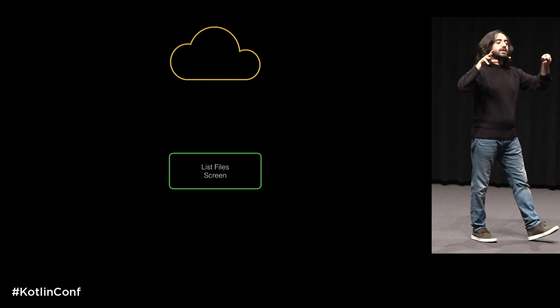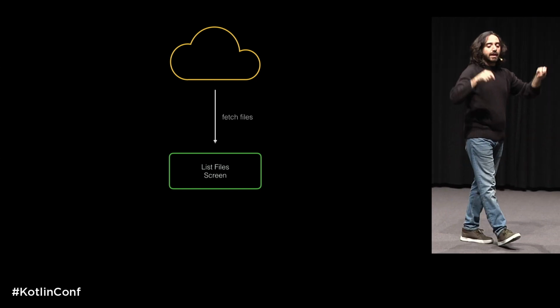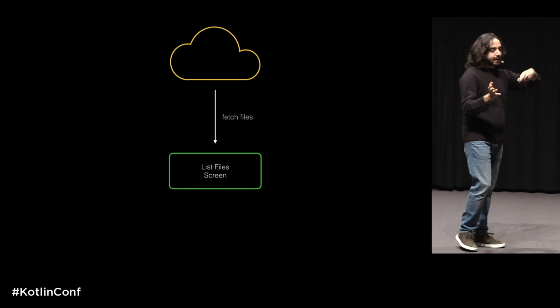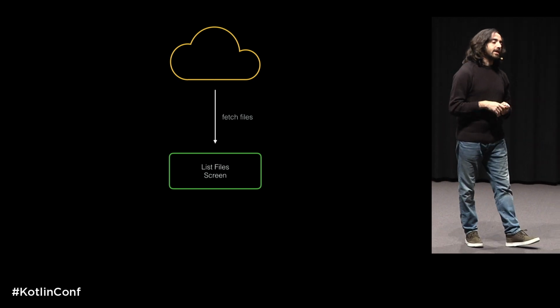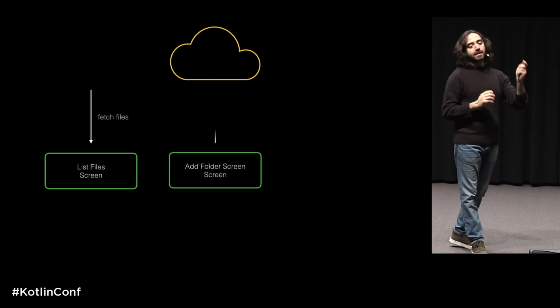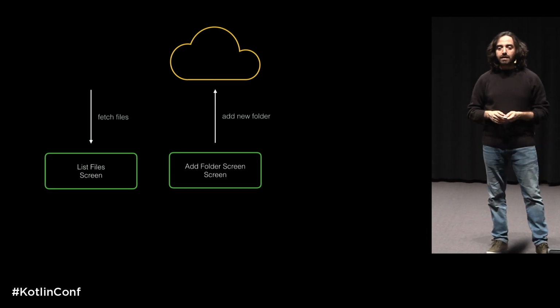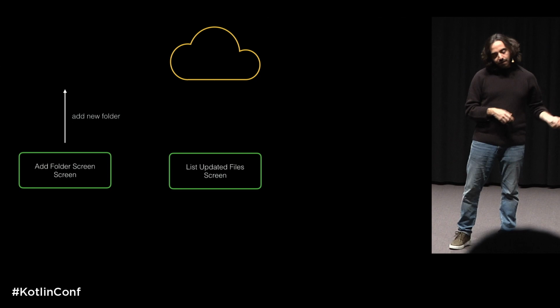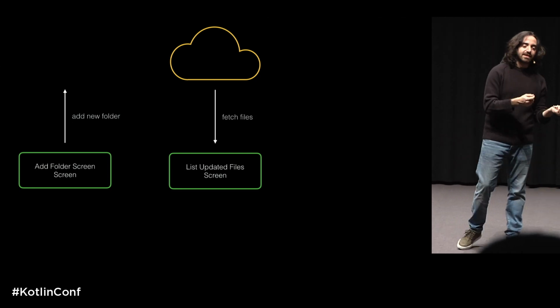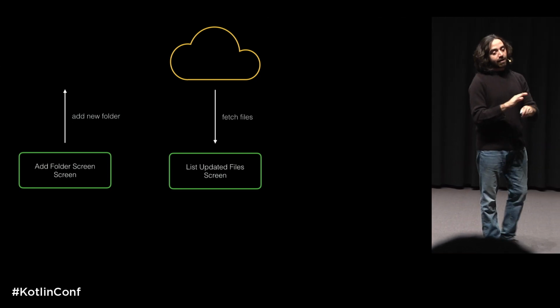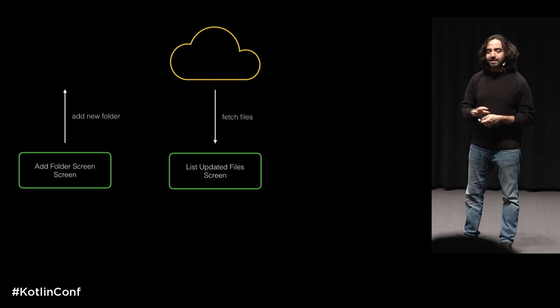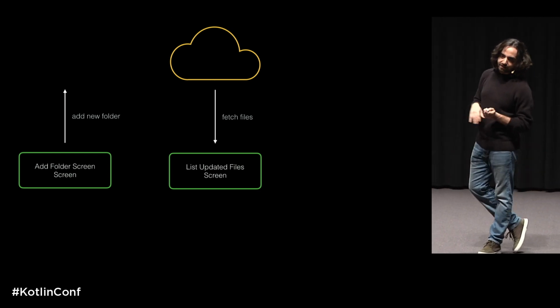We have that first screen that lists all of our folders, and that makes a network request, gets that list, and displays. And then you go to the add screen, which makes another network request, adds the new folder, and is done. You go back to the previous screen, makes another network request, gets the updated data, and if everything works, like you are not in a metro or anything, it shows the data.